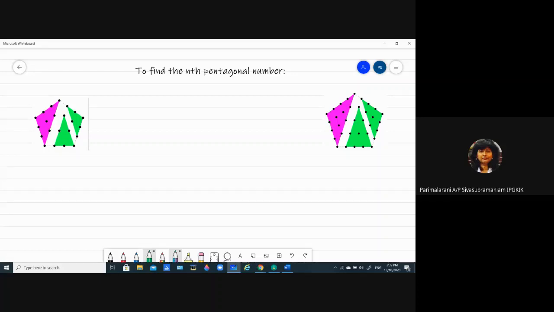Okay, so let's look at this pentagonal number. Let's look at this figure, okay? This pentagonal number, we can divide it into triangles like this, right? So we see 3 triangles here, correct? Yes. Okay, so what triangular number is this one here?